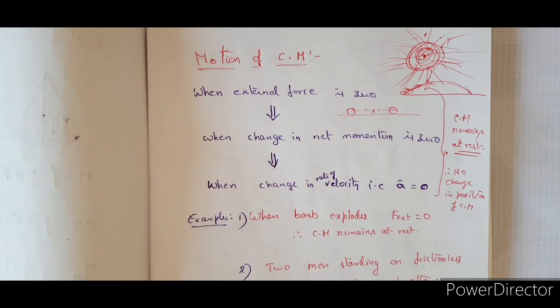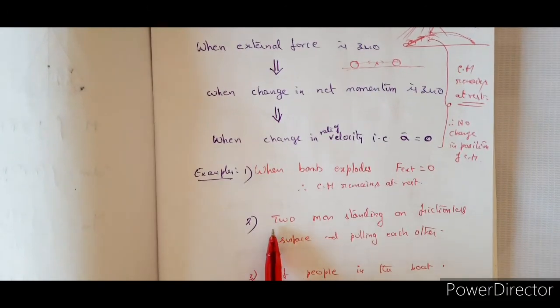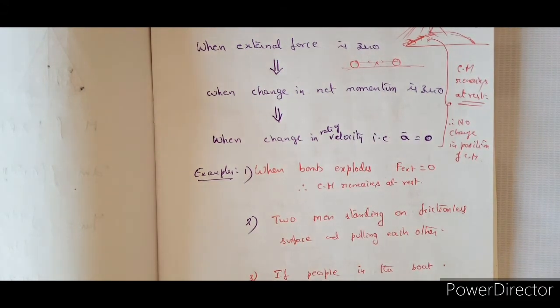Another example: two men standing on a frictionless surface and pulling each other. Whether they move towards each other or away from each other, the center of mass of the system of those two people will remain the same.